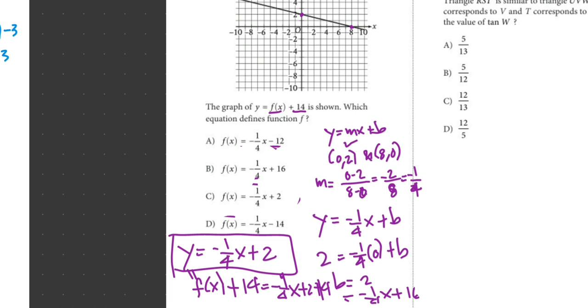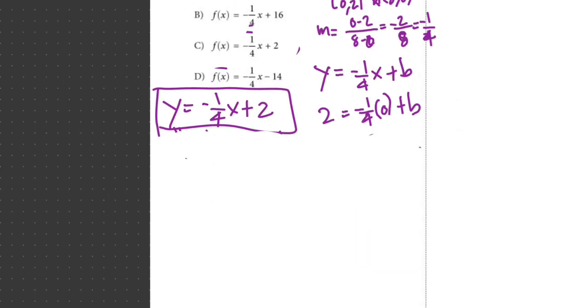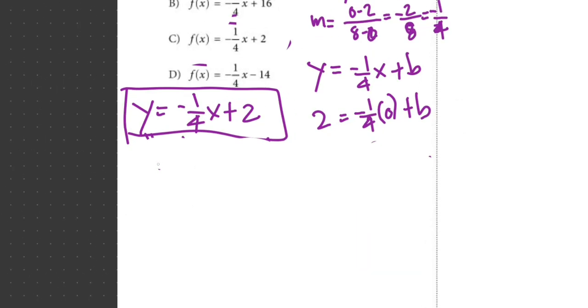But then we got the 2 points from the graph itself, right? Because it says it is already the graph of y equals f of x plus 14. Maybe we equate f of x plus 14 equals negative 1/4 x plus 2.